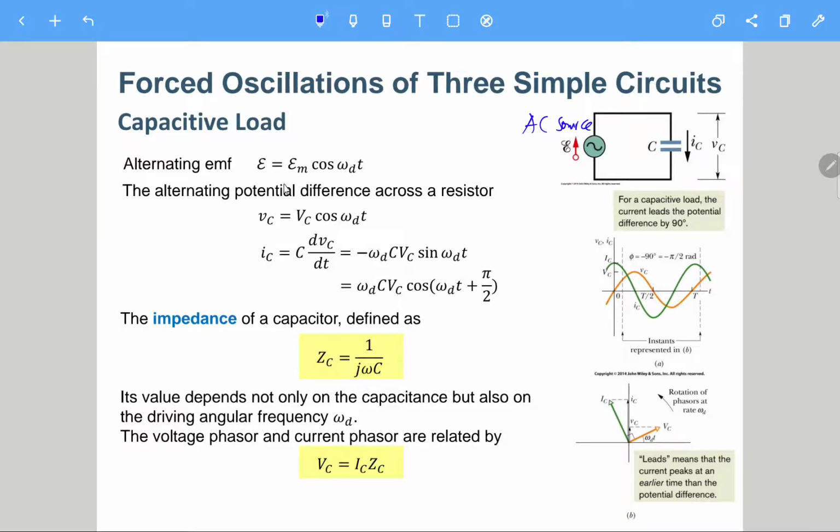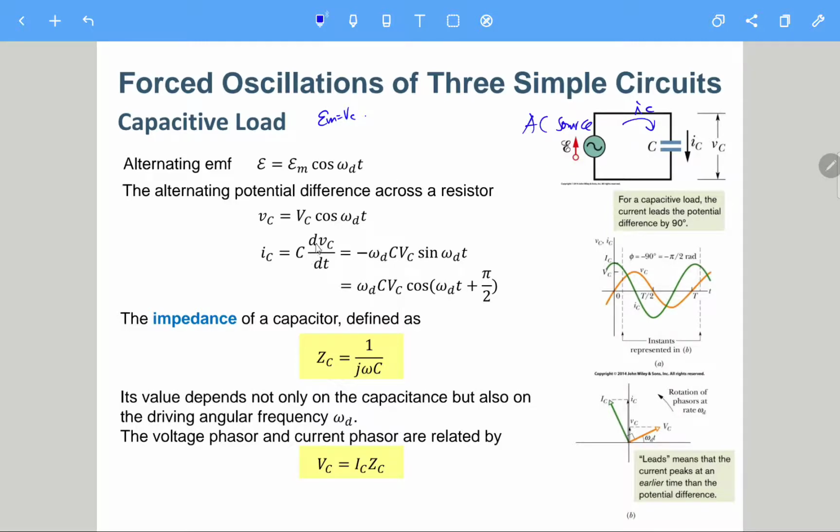As we know E is E_m times cosine omega_d t, so V_C will be V_C cosine omega_d t. And these two should still be the same. E_m should be V_C. And as we know I_C should be dQ/dt, that is, I_C should be C dV_C/dt.